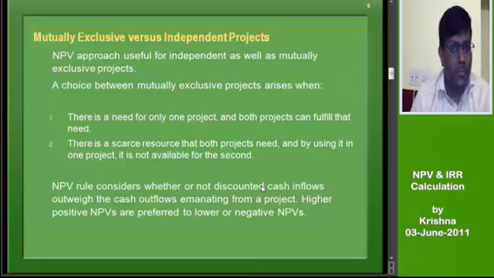If the projects are independent and there is no restriction on resources, we can select all the projects if the NPV is more than 0. If the NPV is less than 0, we should reject the project. If the NPV is equal to 0, we have to use some other criteria to select the best project.